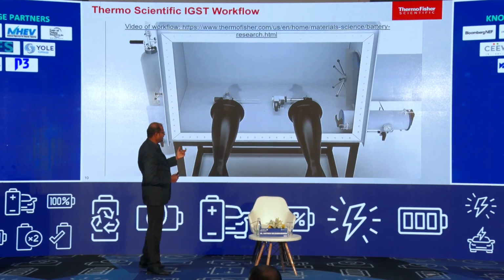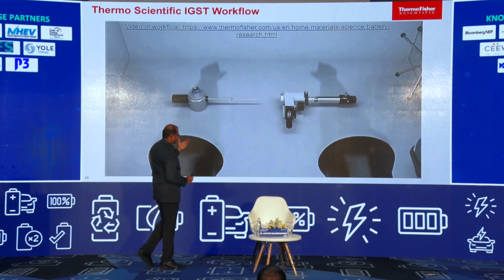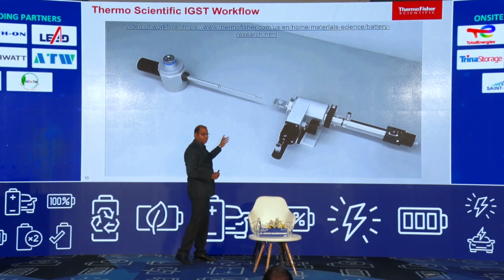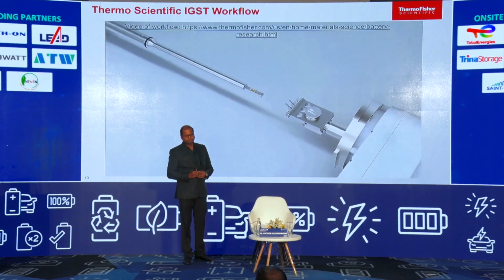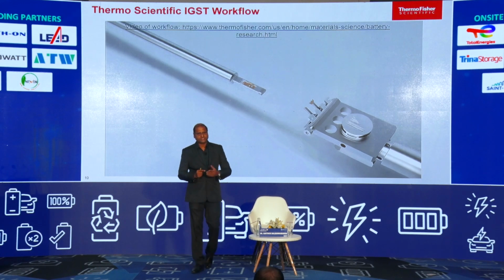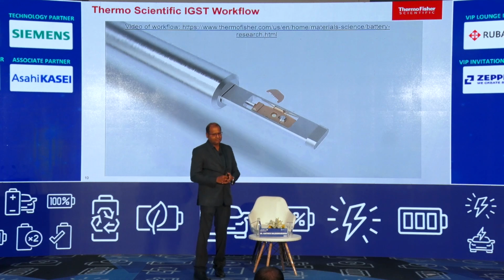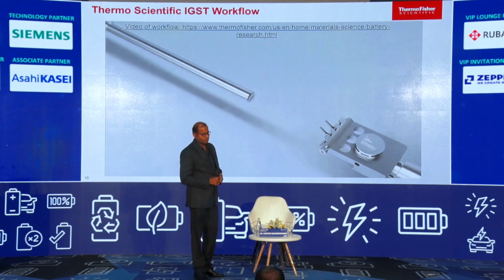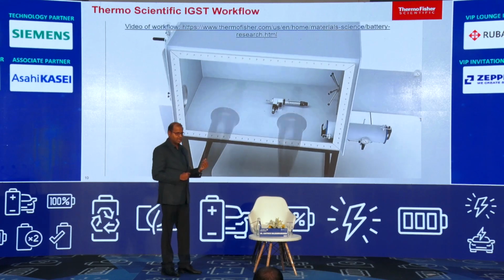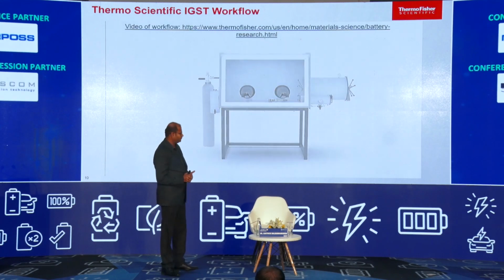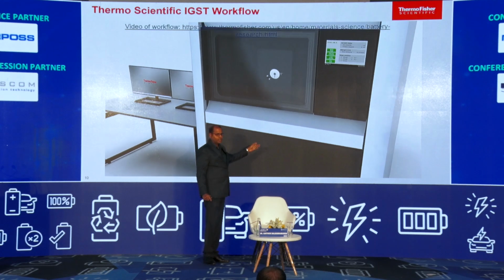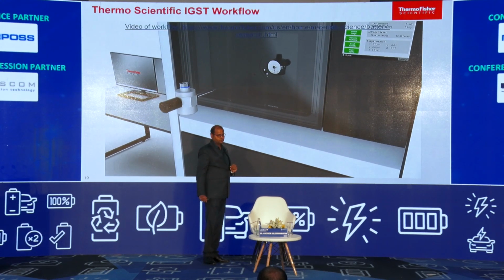And once the material is analyzed, you can transfer it back to your glove box, and the sample can be loaded into a TEM holder. In this case, we use the Atmos inert gas holder. This Atmos inert gas holder again uses argon to protect the nativity of the sample, and that helps you to get loaded into a transmission electron microscope.